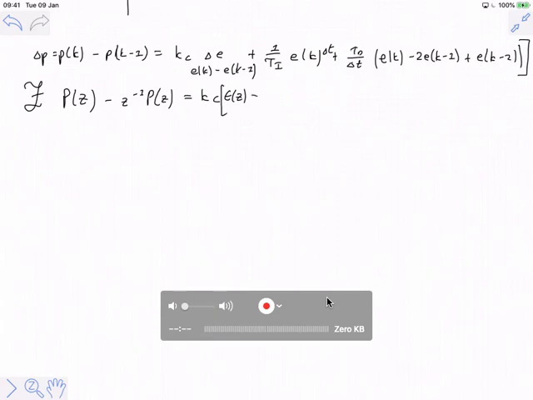minus Z to the minus 1 Ez. I'm going to write these terms below one another, I'm running out of space. Plus 1 over tau I Ez delta T plus tau D over delta T. And here are the tough terms.